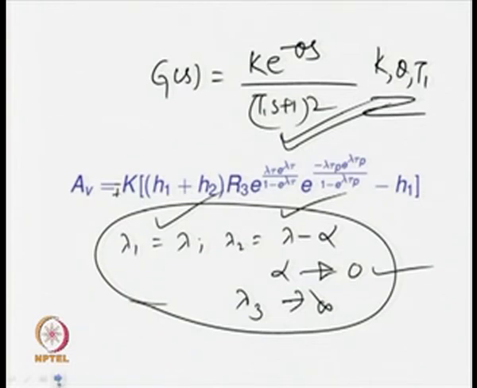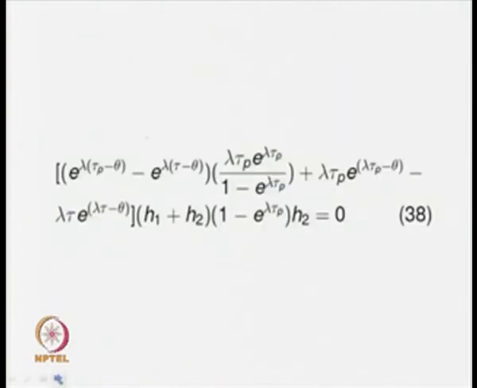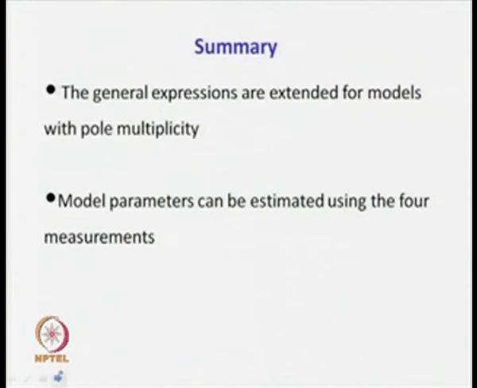Let me summarize my lecture. The general expressions we have found earlier for identifying the transfer function model parameters of the general second order plus dead time transfer functions can be extended for models with pole multiplicity.